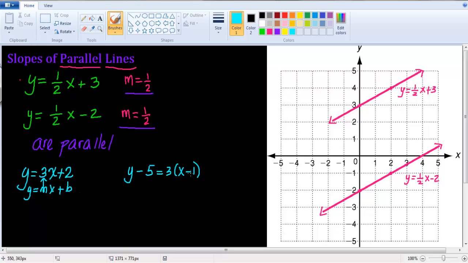And this second equation is written in point-slope form, y minus y sub 1 is equal to m times x minus x sub 1. You can very easily see with point-slope that the slope for this line is also 3. So the slope here is 3, the slope here is 3. That means these lines have the same slope, they have the same inclination, they will never intersect, they are parallel.